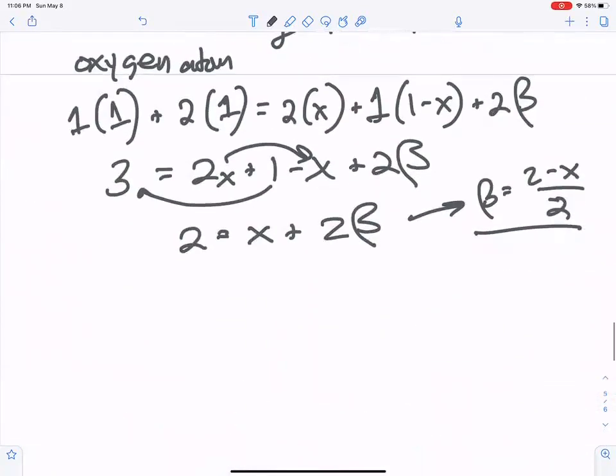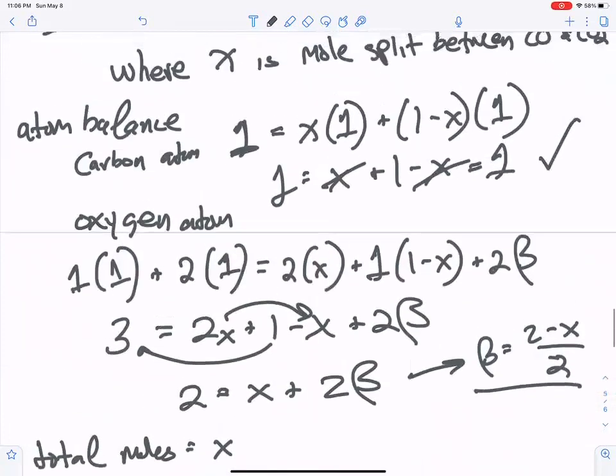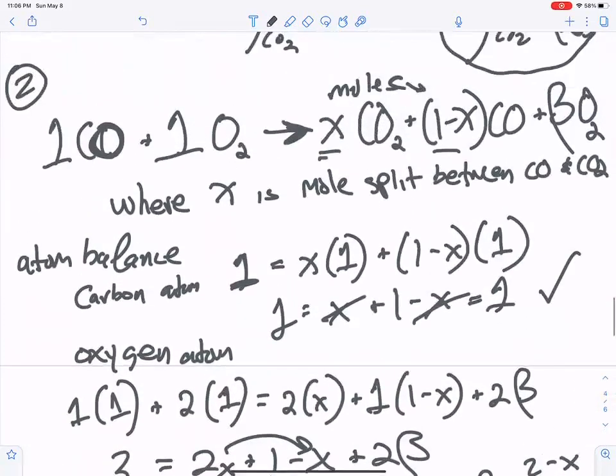Well, how do you find the mole fraction? You find the total moles of the mixture as a starting point. Total moles equals x moles of CO2, 1 minus x moles of CO, and beta moles of O2.